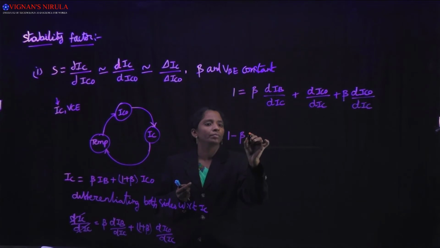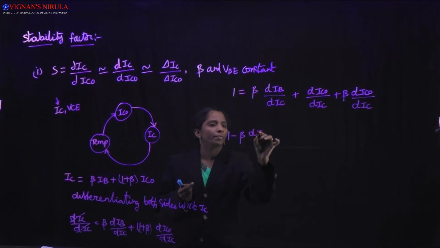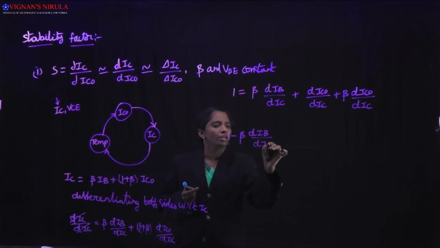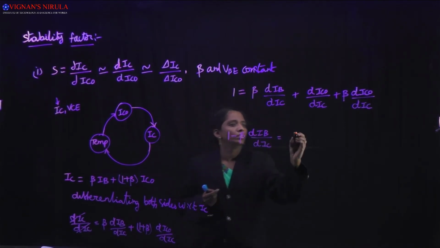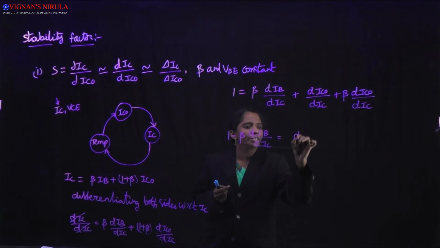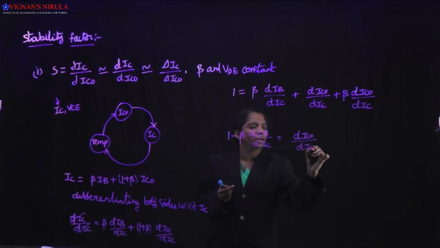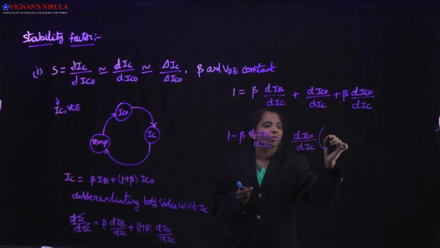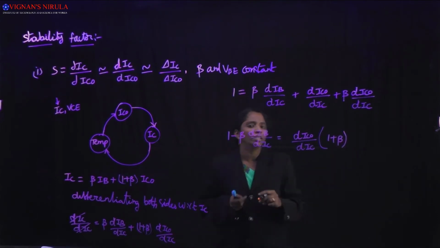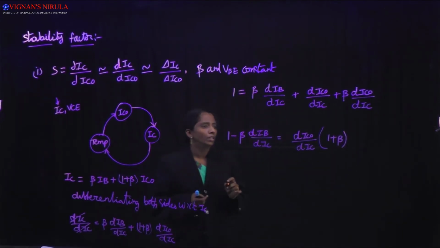equal to, taking dICO divided by dIC common, (1 plus beta) into dICO divided by dIC.